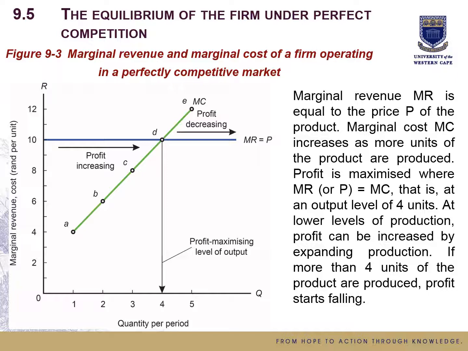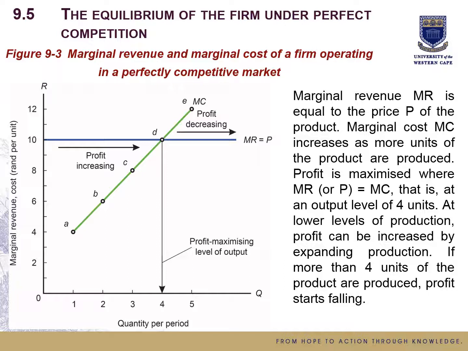The vertical axis of Figure 9.3 measures marginal revenue and marginal cost, whereas the horizontal axis measures the quantity of product produced per period. When one unit is produced, the marginal cost is 4 Rand, whilst the marginal revenue is 10 Rand. Thus, the firm adds 6 Rand to its profit by producing this one unit, as shown at A. At point B, the firm produces 2 units and its marginal cost is equal to 6 Rand and the marginal revenue is equal to 10 Rand.